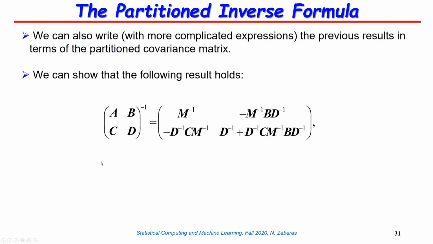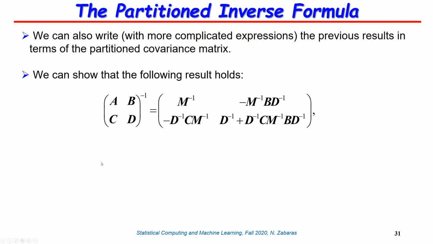So let me give you the first result that we need to use. If you have a matrix that is partitioned with the matrices A, B, C, D as you see it, and you take the inverse, then the inverse looks like this complicated form, where this matrix M that you see on the right hand side is called the Schur complement of our original matrix with respect to the component D.